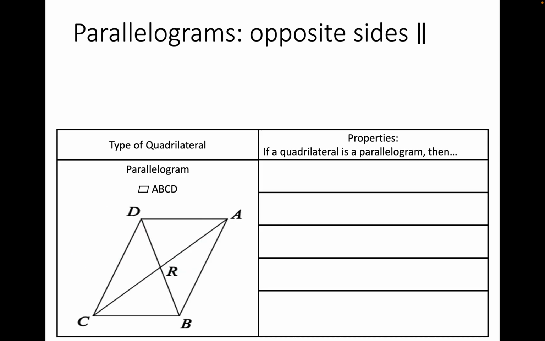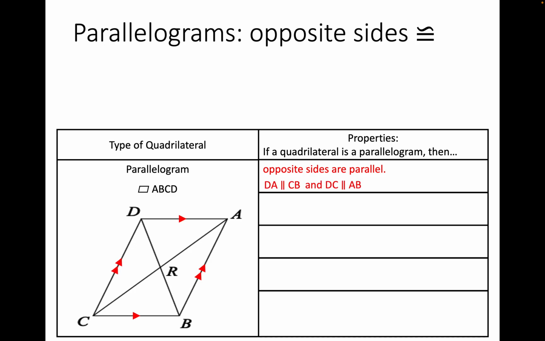All right, so let's talk about some facts about parallelograms. The opposite sides of parallelograms are parallel. So for example, DA is parallel to CB in this diagram that I have over on the left, and DC is parallel to AB.